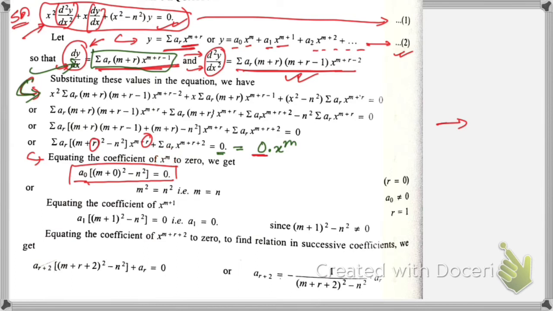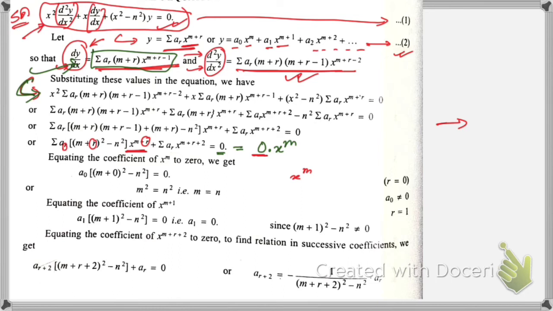So here you see, let me explain this again. So here we have x to the power m plus r, right? In order to get x to the power m, this r must be 0. If r is 0, then instead of a r, here we will get a naught or a 0, you can write.